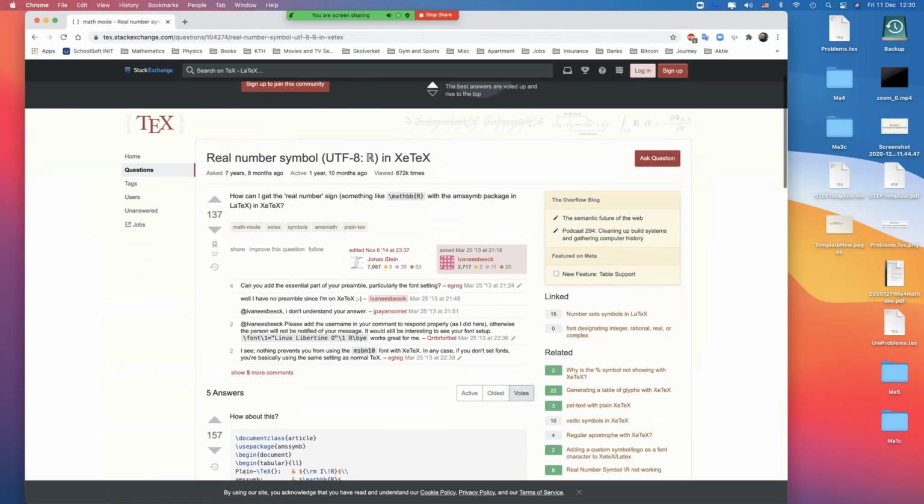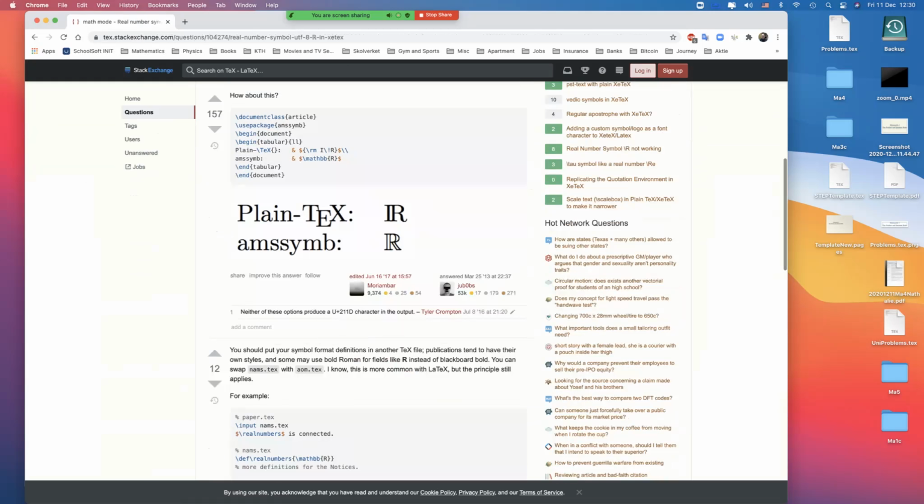Let me see if I can show you. So you see here, this is the way that you write R, this one. Do you see my screen? Yes. So this is what I am supposed to write, but of course writing something like this is a little bit hard. People also write something like this, but this is not I. The reason that they put it here is that the set of real numbers is so important in mathematics that we want to have a unique symbol for it.